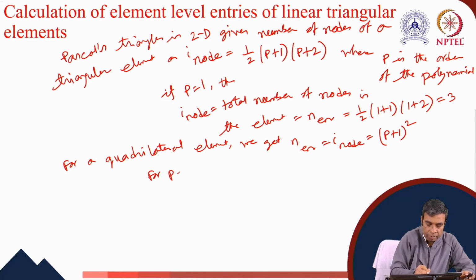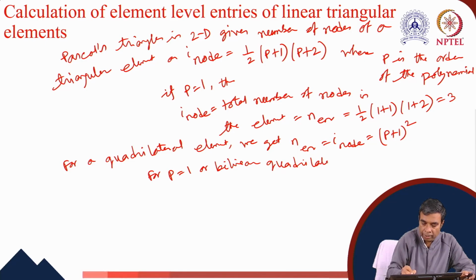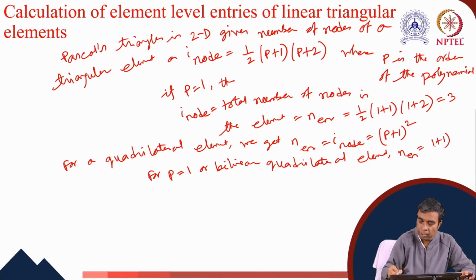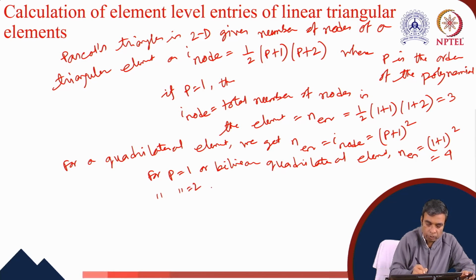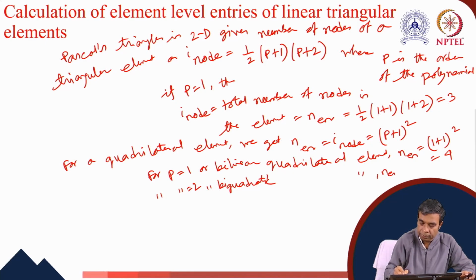For p equals 1, or a bilinear quadrilateral element, NEN equals 1 plus 1 whole square equals 4. For p equals 2, or biquadratic element, NEN equals 2 plus 1 whole square equals 9. So this is for the linear triangular element.